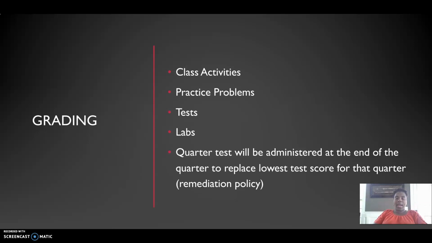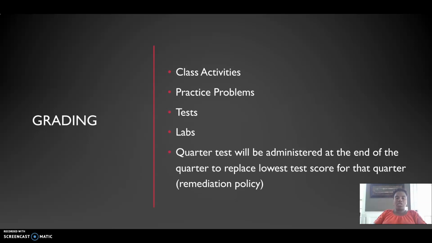Well, what does grading look like? The grading in an AP class will come from class activities, practice problems, tests, and labs. This class is a college level class, and as a result, much of the grading will be like it would be graded in a college class, meaning that your grade would weigh heavily on tests and your labs.